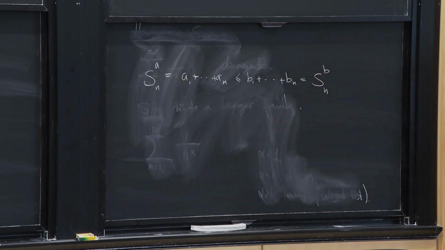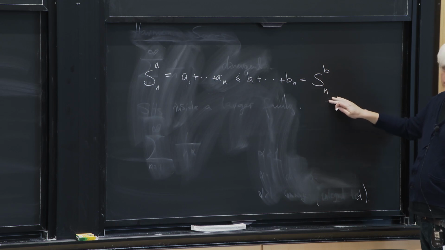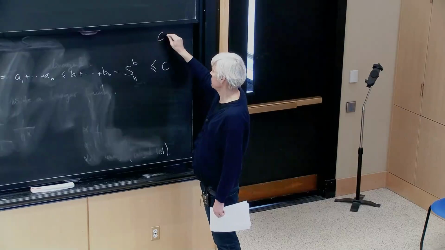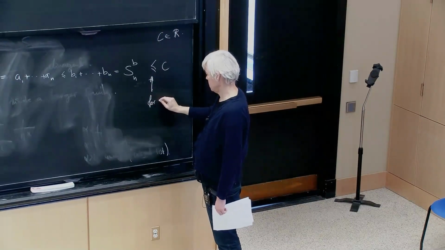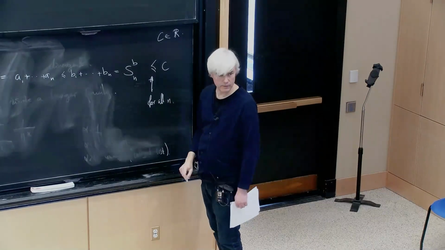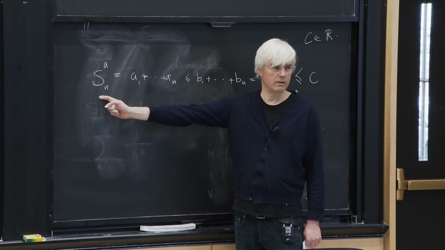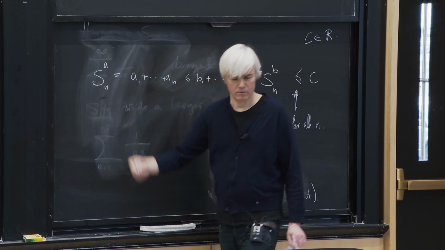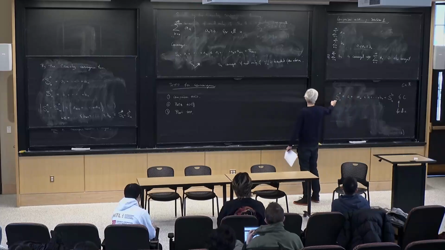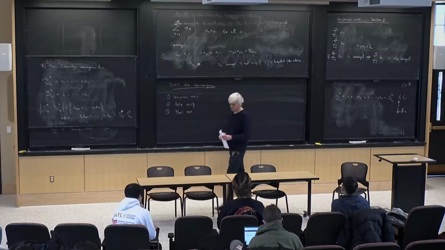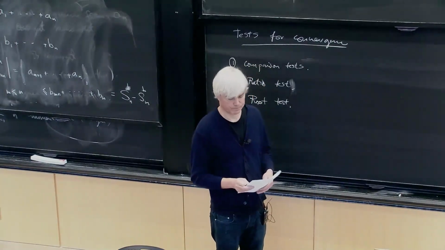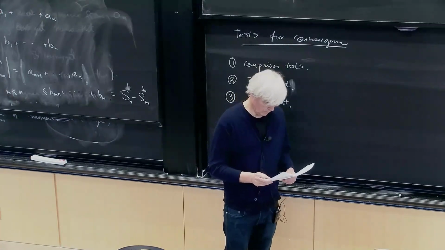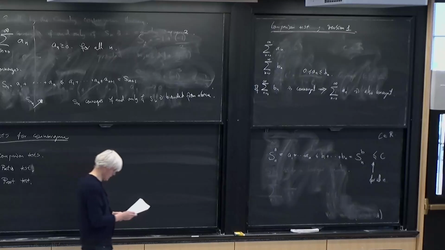But if these converge, this is equivalent to saying that they are bounded. They're less than some real number C, for all N. But this means that those things here are bounded for all N. So this is a monotone increasing sequence that is bounded from above, so therefore it converges. So you can do it either of those two ways, but that's really easy to check.